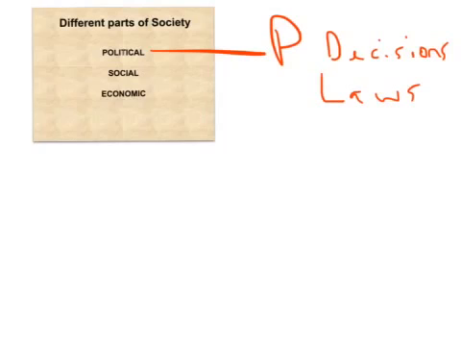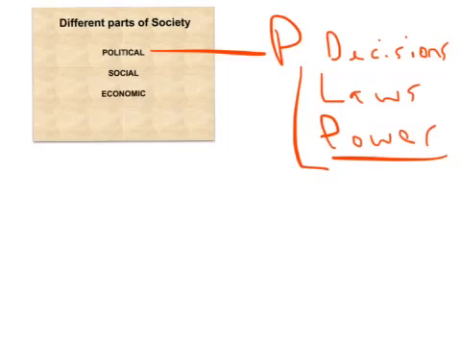Power is a big one. So the army, how Hitler rose to power using the law, using democracy, using elections, how he made deals with the Reichswehr, which is the army, etc.